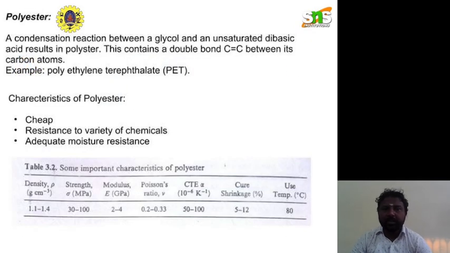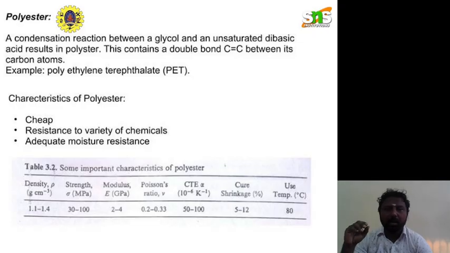Polyester. Next, we're going to discuss polyester. Polyester results from a condensation reaction between a glycol and an unsaturated dibasic acid. Okay, this contains a double bond, C=C, between its carbon atoms.